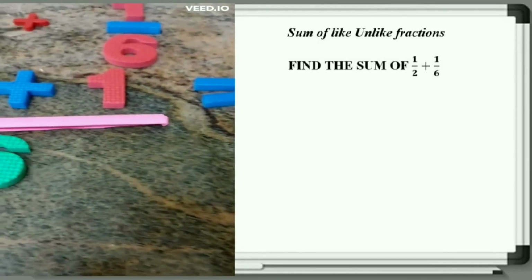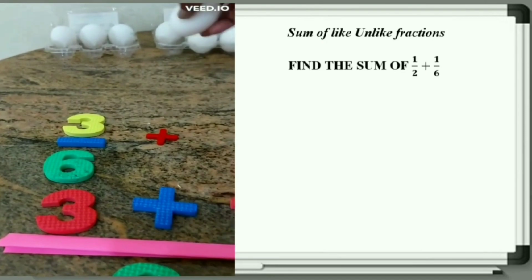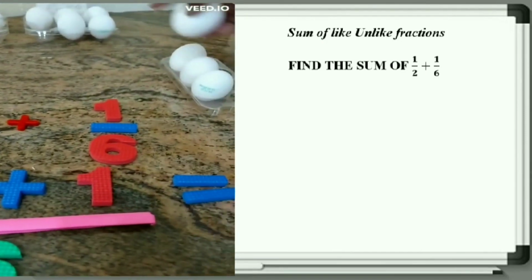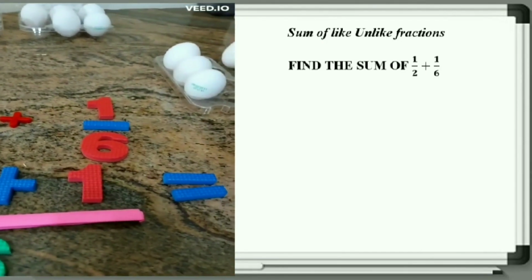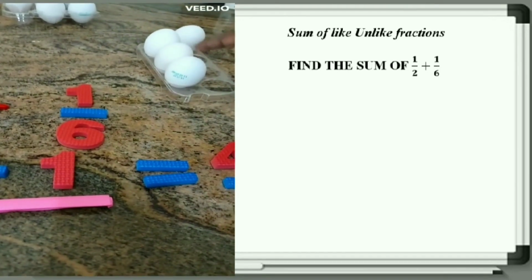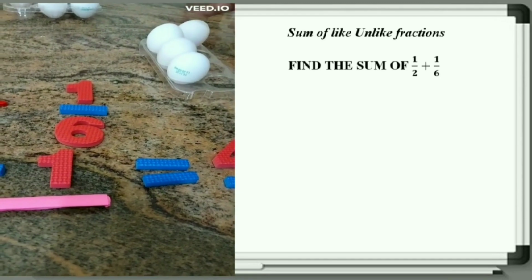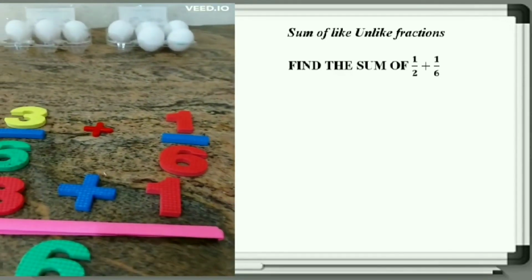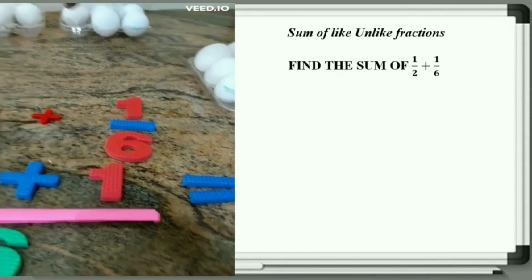So here, first I have taken 3 x, 1, 2, 3, and from the second set I have taken 1, that is 1 over 6. So now count 1, 2, 3, 4. From the first set I have taken 3, again I am saying 1, 2, 3, 3 out of 6.